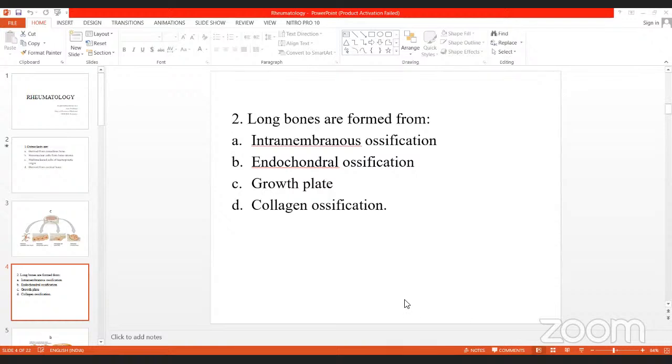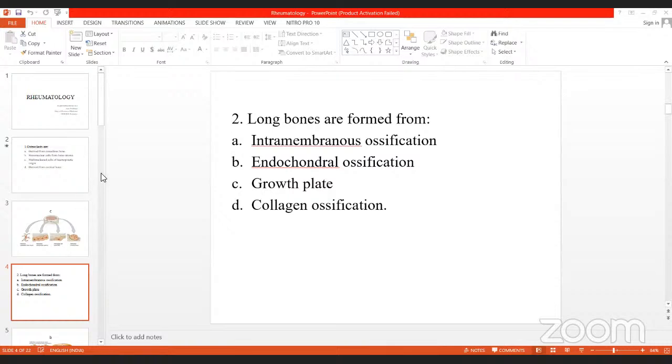So I think you understand about the formation of long bones. It is known as ossification. There are only two types of ossification, endochondral and intramembranous. Long bones are formed from endochondral ossification. Flat bones are formed from intramembranous ossification.